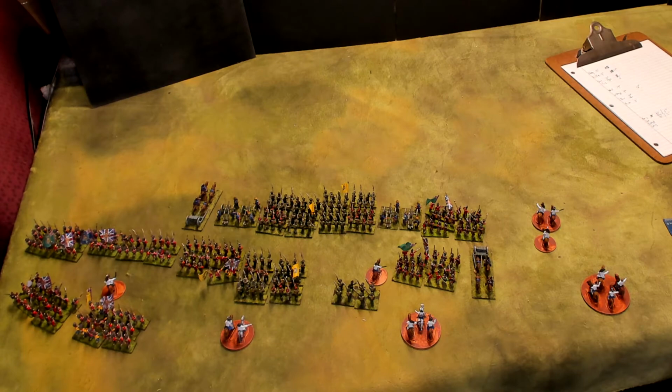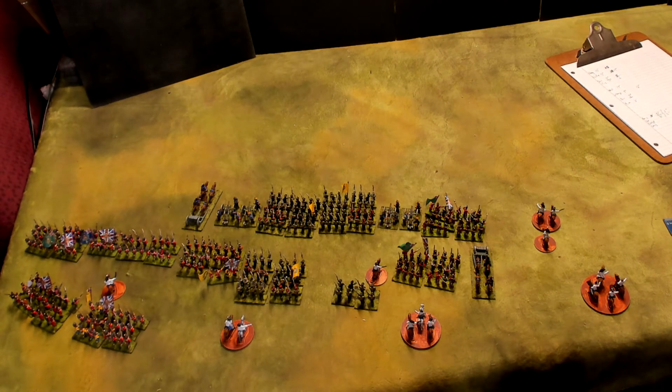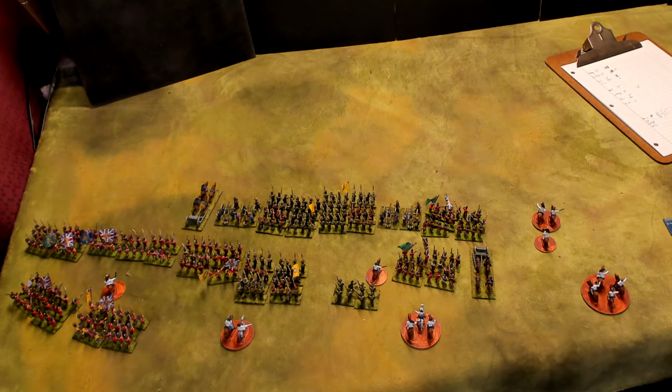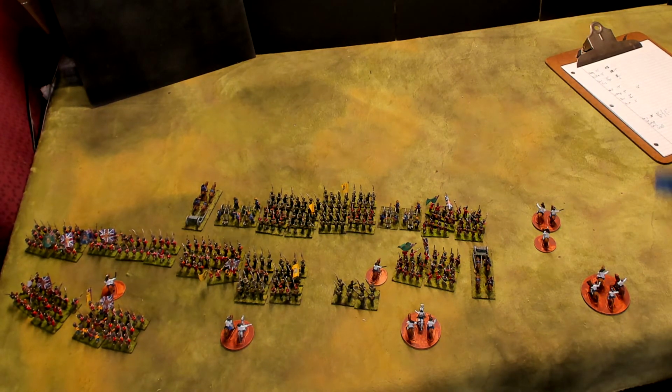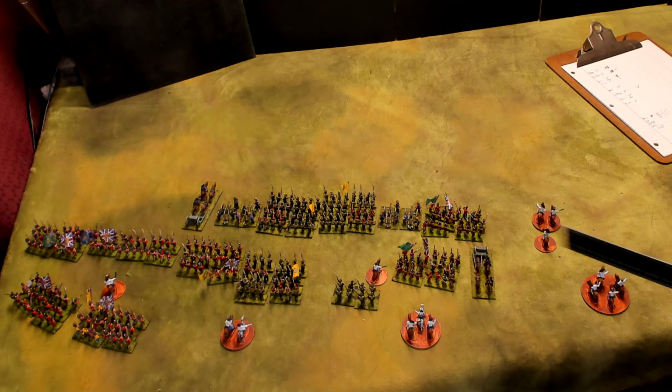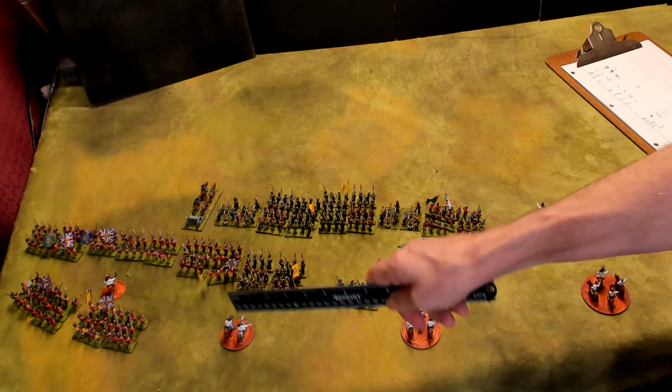But if Ney is 10 and I'm giving him 15, then I should give Wellington another 8 inches. I think that's pretty high. That would be 25 inches on the table. Yep, we're going to do it. 25 makes it pretty gigantic, especially when he can command corps and divisions.